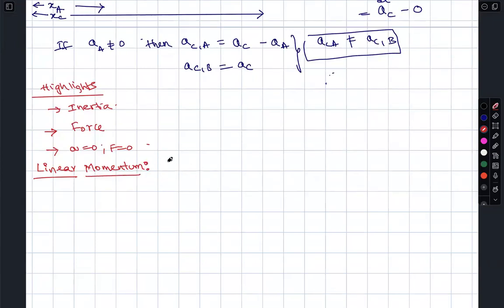Linear momentum, P bar is equal to m v bar. This is the definition.